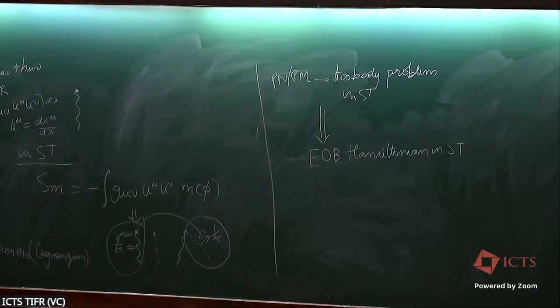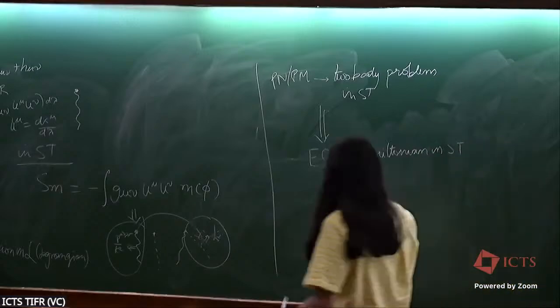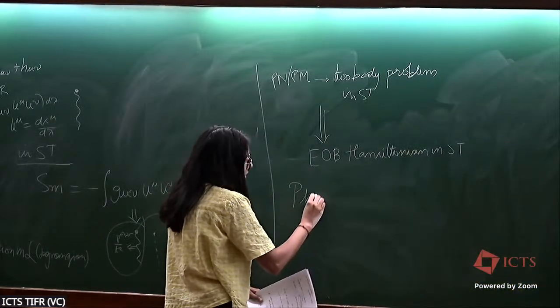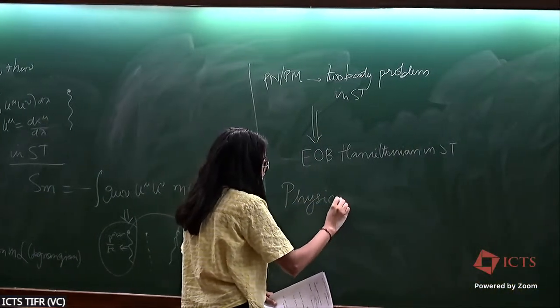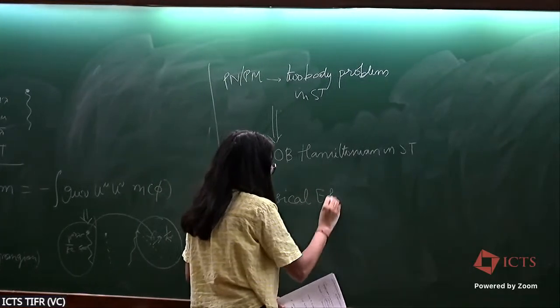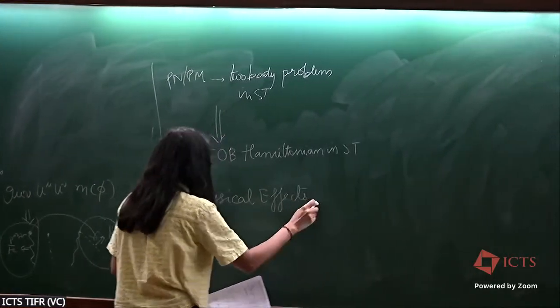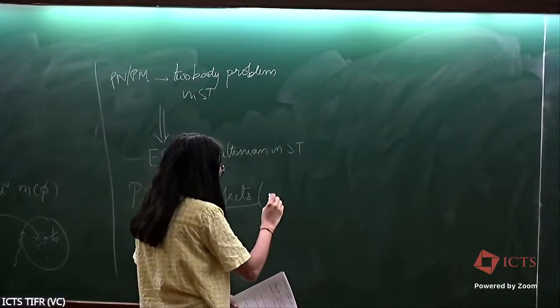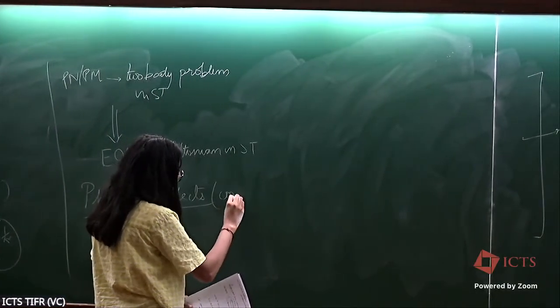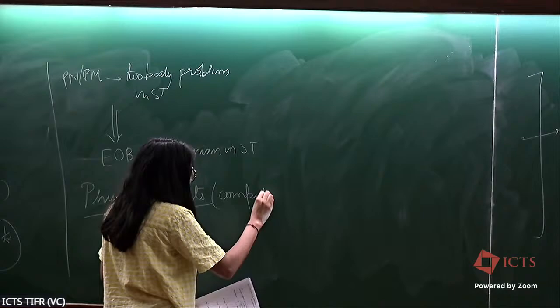We not only want a theory which is simple enough, but we also want a theory which is interesting now. What are the physical effects? Which then also translates to the computational effort or computational effect.